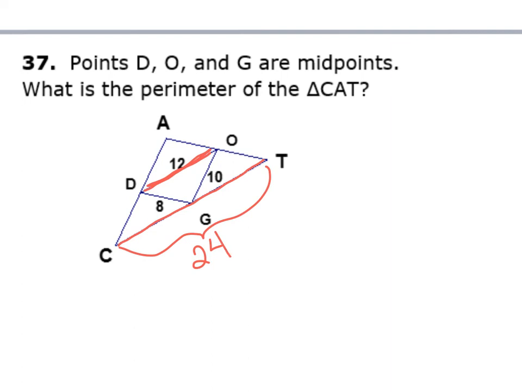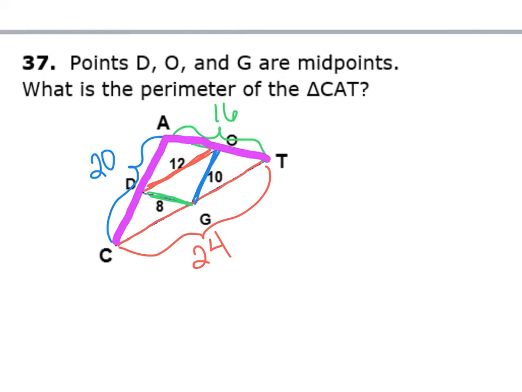Okay? And then here's another median, 10, which means the side across from that is twice 10. And then my last median is 8, so the side across from that is twice 8, 16. Okay? So then when it asks me for my perimeter of triangle CAT, it wants the triangle, not the angle, so that means I close it and finish out my triangle.